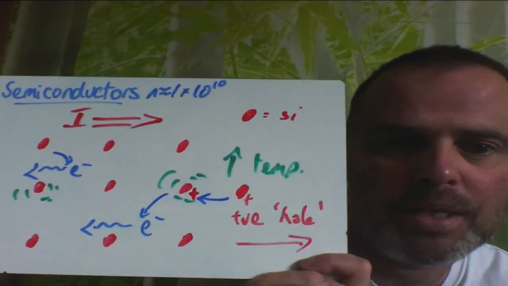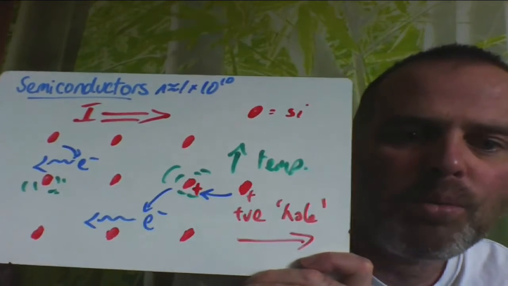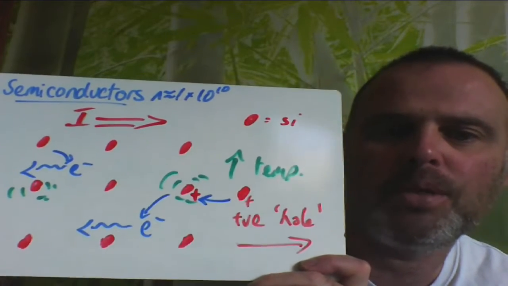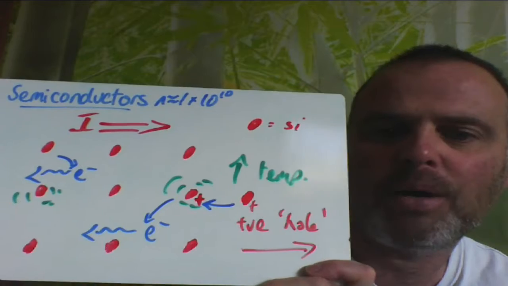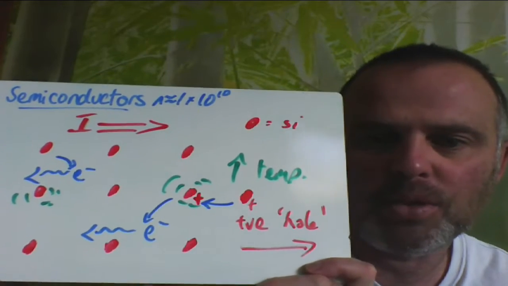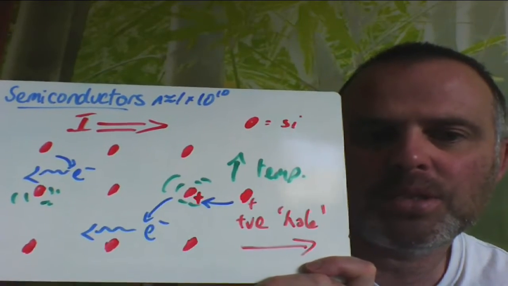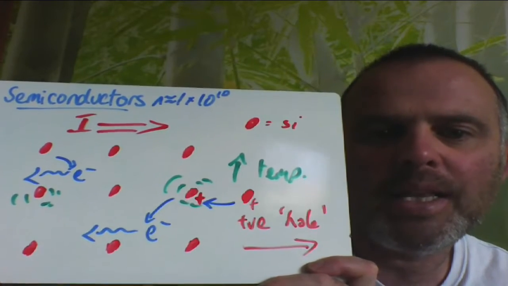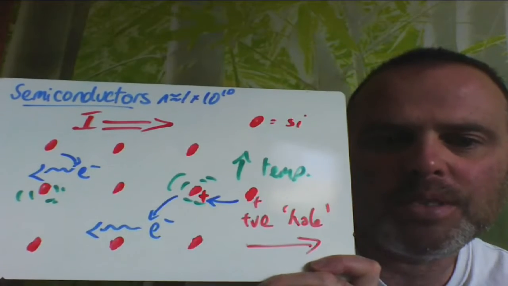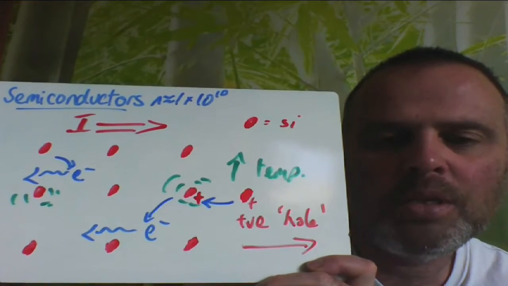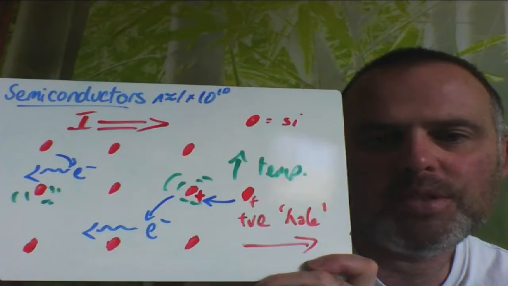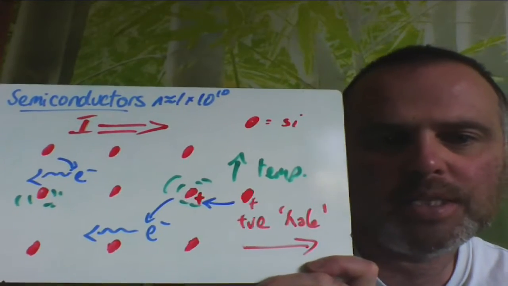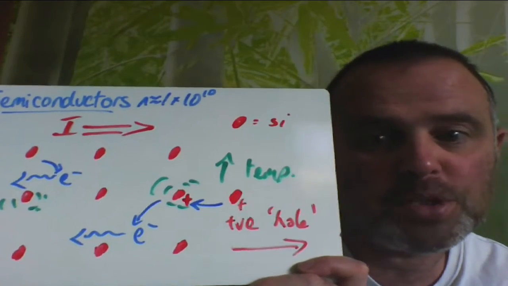Okay. Now, why do we need to worry about these positive holes and stuff? We need to think about these positive holes because in a moment we're going to talk about doping semiconductors. That's adding a contaminant, a different element, to the semiconductor lattice, and that different element is going to have a drastic effect on the resistance of the semiconductor, or the number of free charge carriers in the semiconductor, or the number of positive holes.